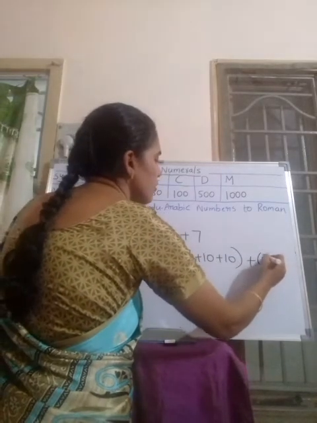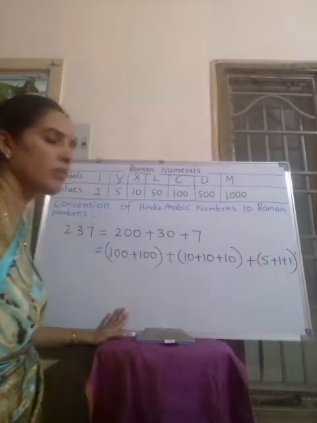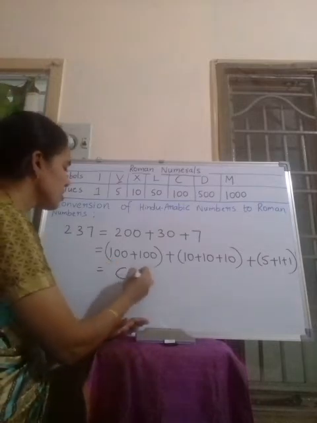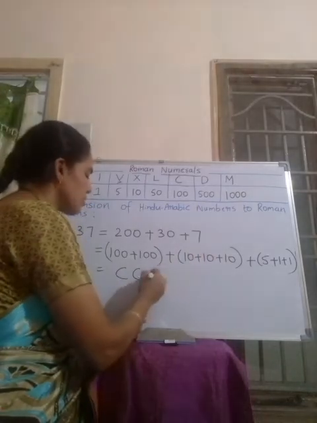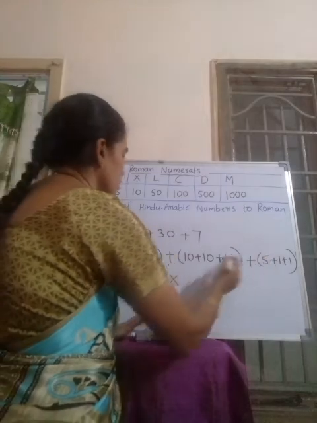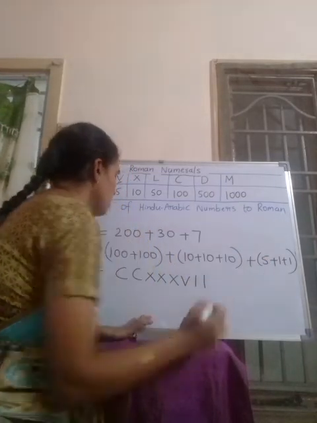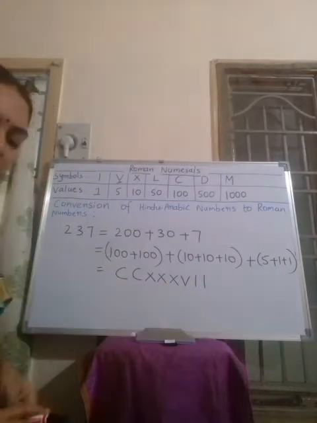And for 7, 5 plus 1 plus 1. Now first 200: C, C. Taking 10 three times: X, X, X. After that taking the symbol 5, that is V, and I, I. This is 237.